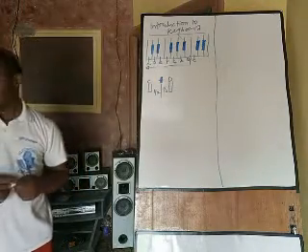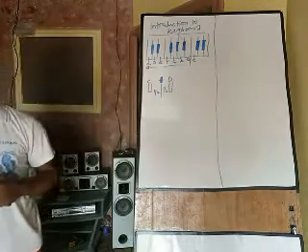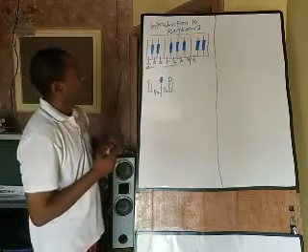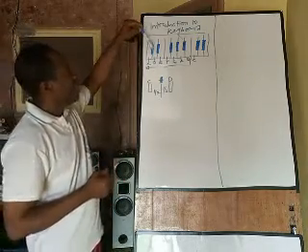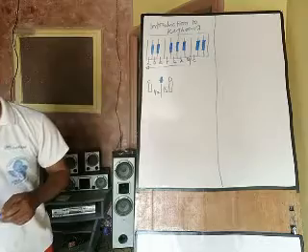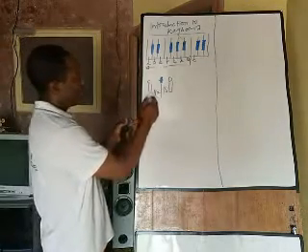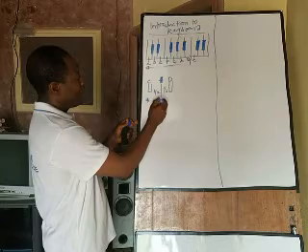Half step. And in mathematics, you know that half plus half is what? 1. Half plus half is 1. That is to tell us that every key on the keyboard is arranged a half step apart. Note that, it is very, very important.